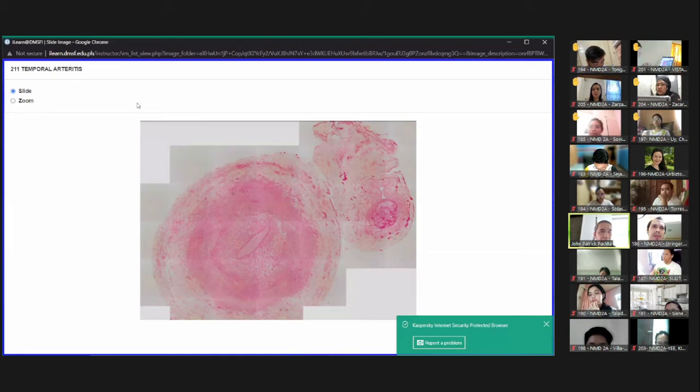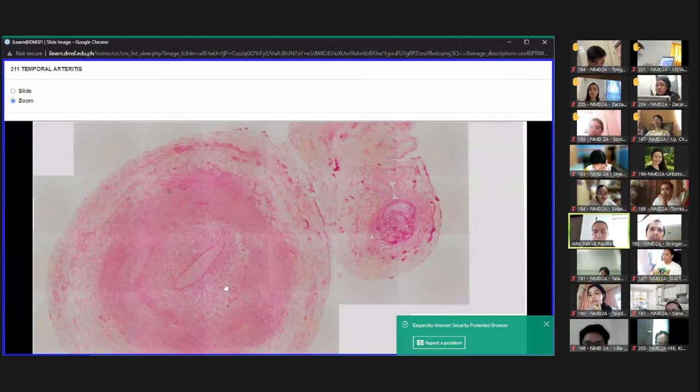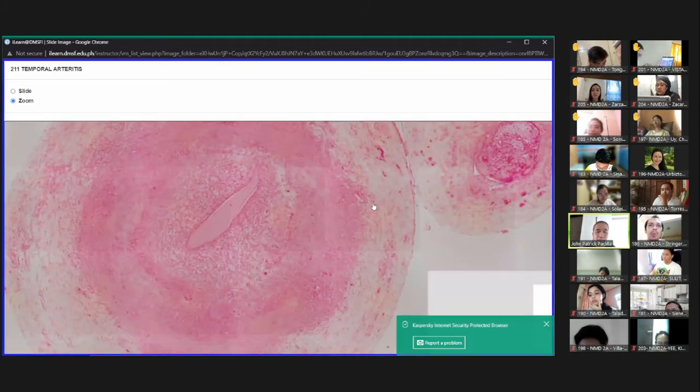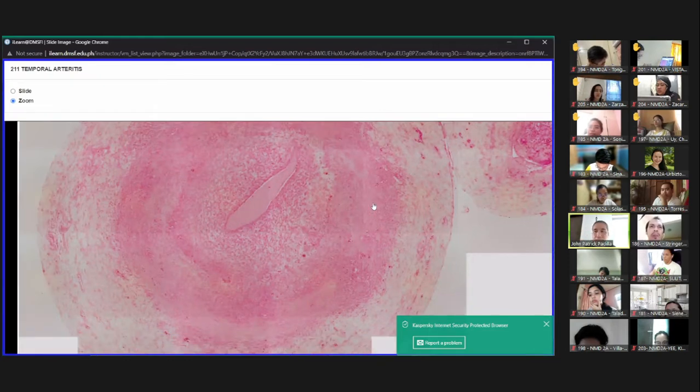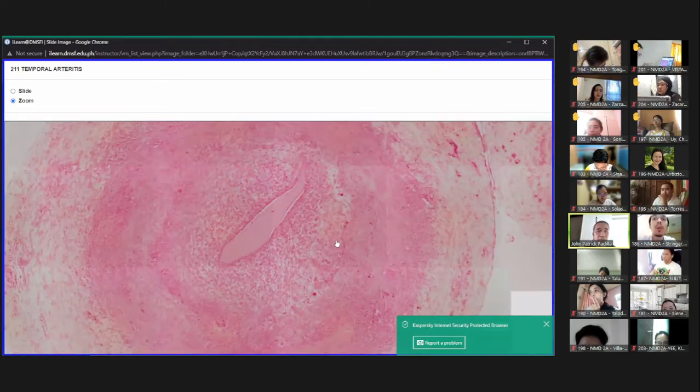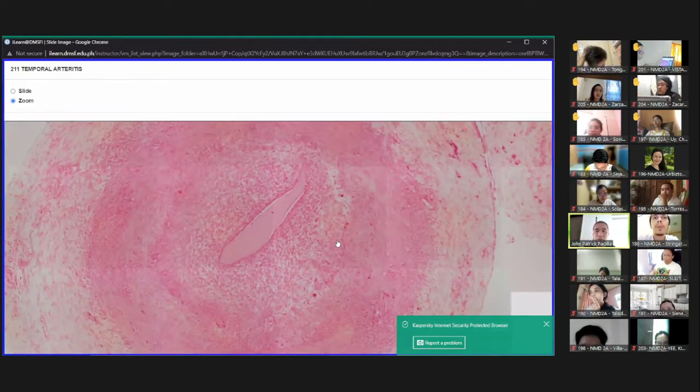Temporal arteritis would fall under large vessel vasculitis, and this is seen in older individuals, that is 50 years old and above. Temporal arteritis can also be called giant cell arteritis.